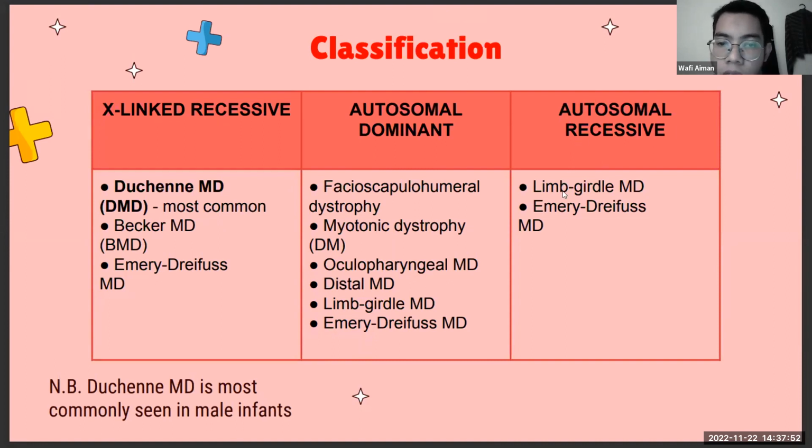For autosomal recessive, we also have limb-girdle and Emery-Dreifuss, but we will only focus on DMD. Because DMD is X-linked recessive, it is most commonly seen in male infants. And some resources say that Duchenne muscular dystrophy is exclusively for males.